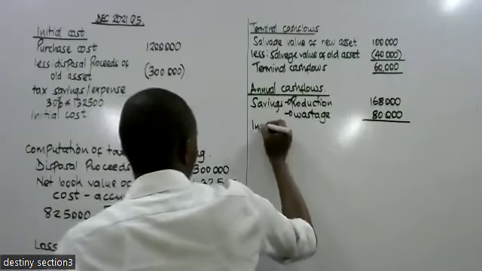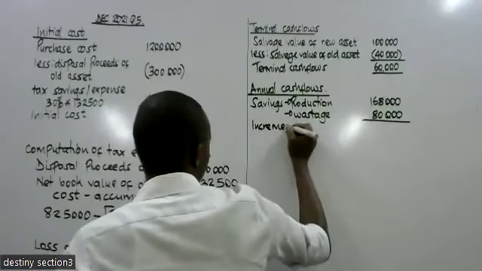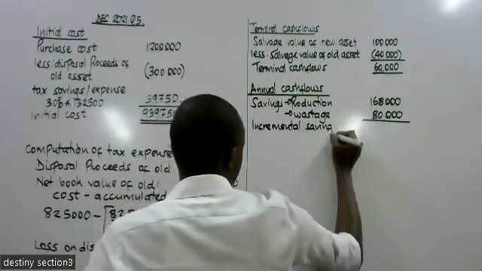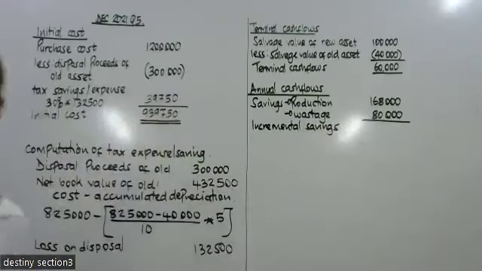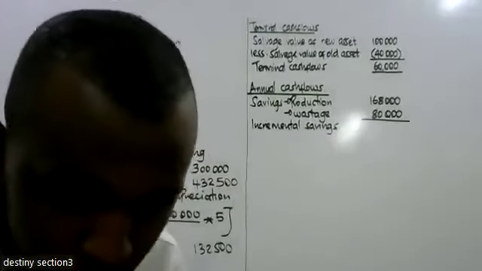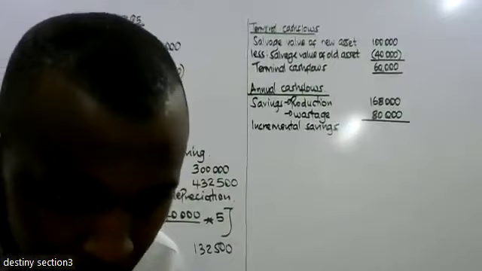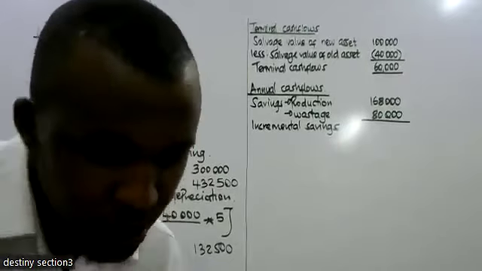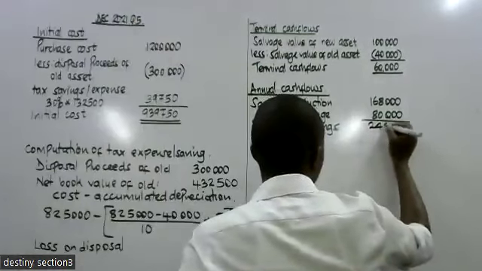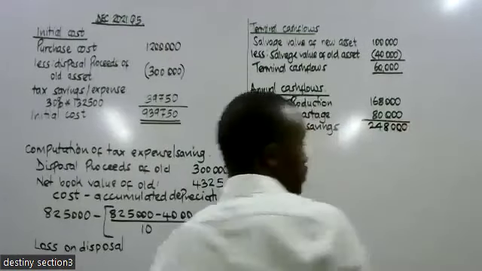So that is the increment on savings. In total, how much are they saving? 248,000. So that is what is resulting in an increase in what?